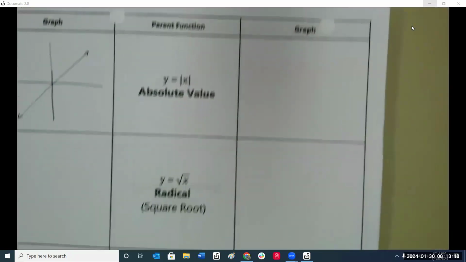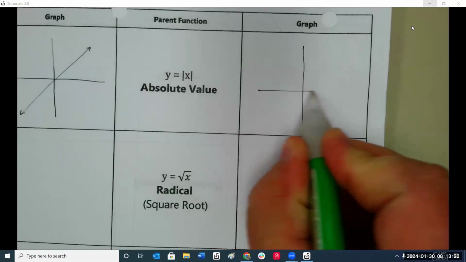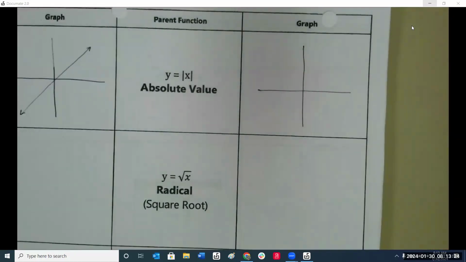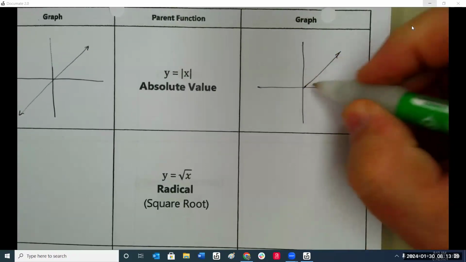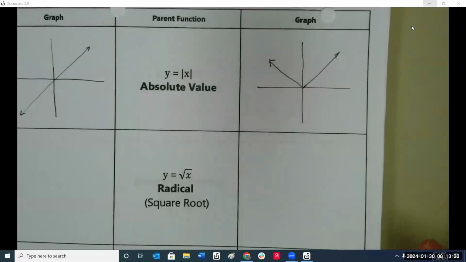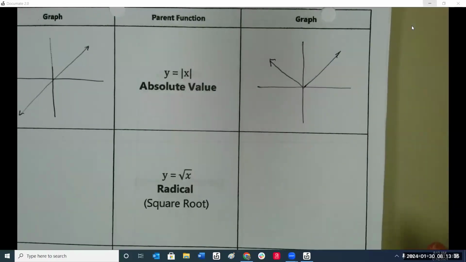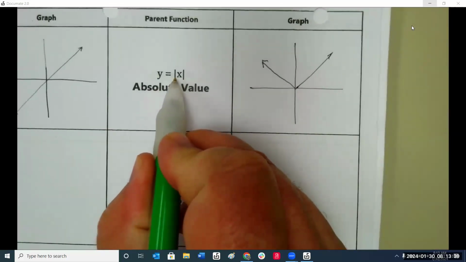How about absolute value? What does that look like? Very good. Why is it a V? Because it has to be positive. X itself is a linear equation.